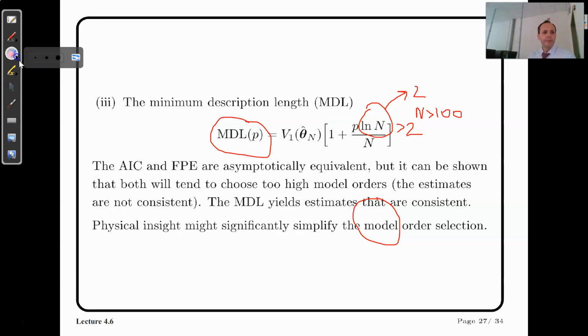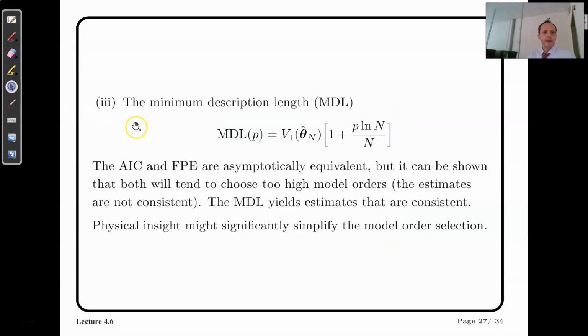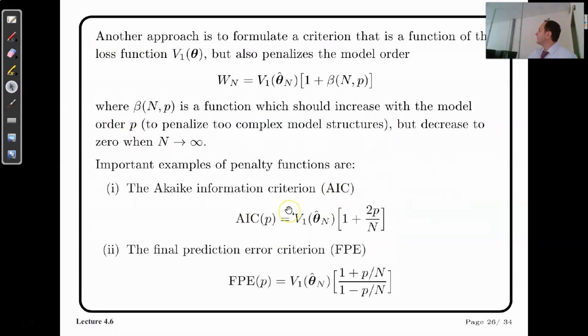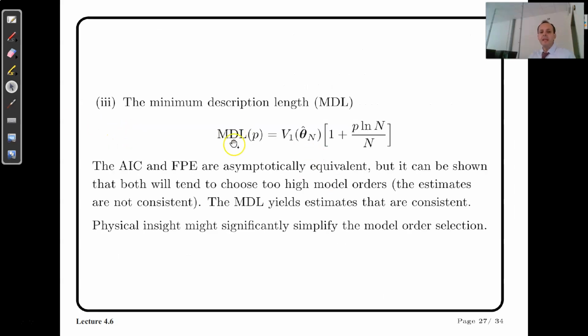Perhaps the Akaike information criterion can suggest an order for your model of 5, and maybe the minimum description length is suggesting 2 or 3.